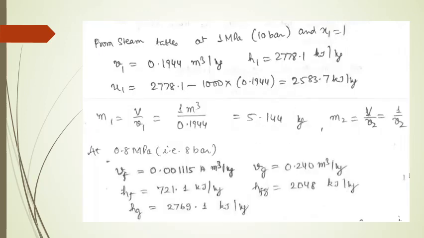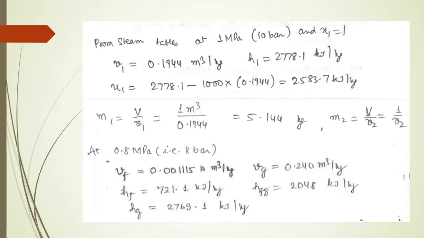Now from steam tables at 1 megapascal, that is 10 bar and dryness fraction 1, we get the values of V1, H1 and U1. So we calculate the value of M1, which is obtained by dividing the volume of the tank by specific volume at state 1, and that comes out to be 5.144 kg.